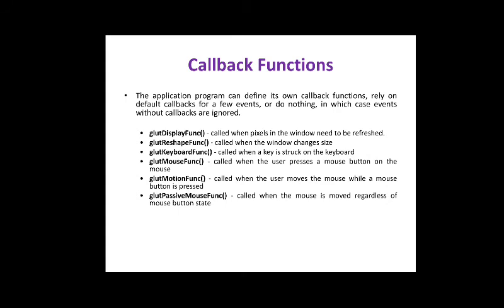The mouse is moved but the button is not pressed, in that case it is called passive motion. Then the idle function is also there. It is a callback function called when nothing else is going on, that is called the idle state. It is very useful for animation, where for some period of time we have to keep the animation in the idle state. So in that case the GLUT idle function is widely used.